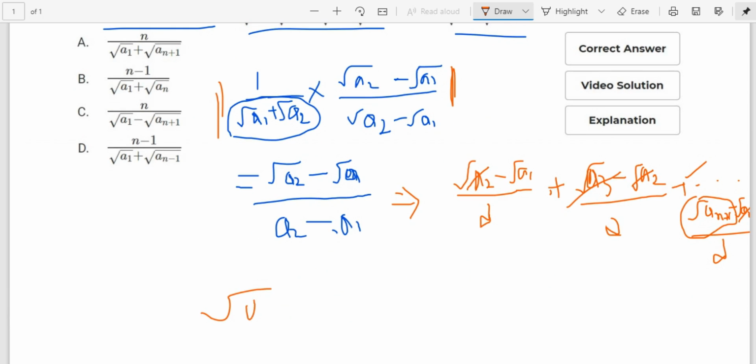Under root a n plus 1 minus under root a 1, divided by d, isn't it? Divided by d, I'm getting.